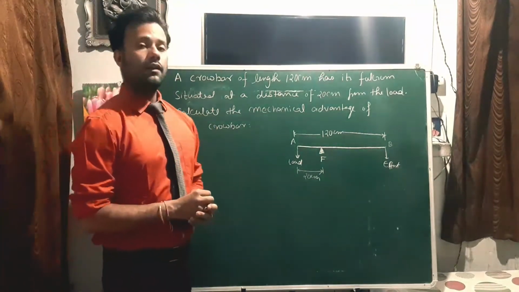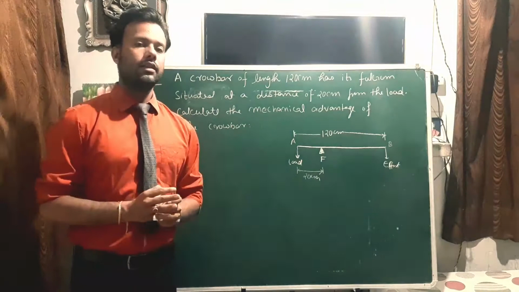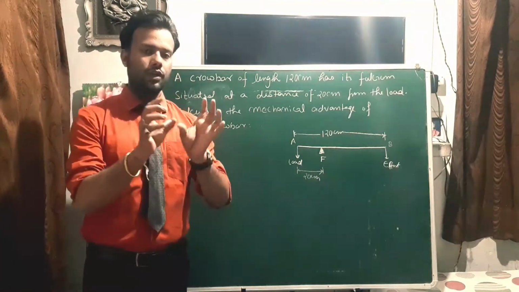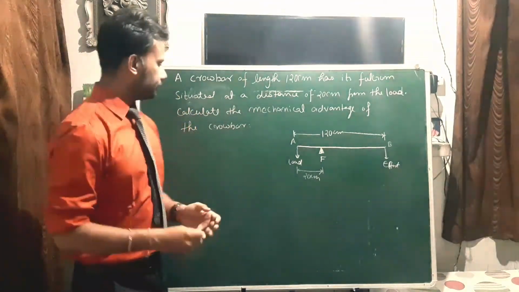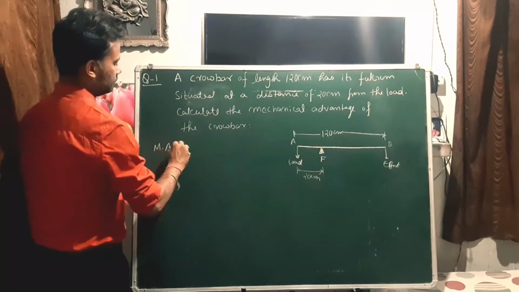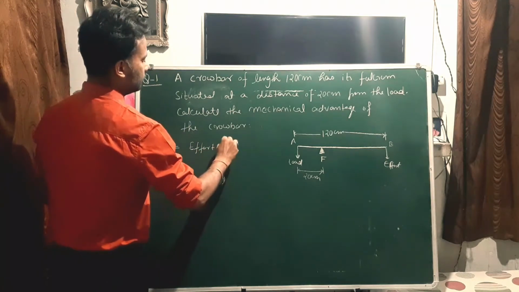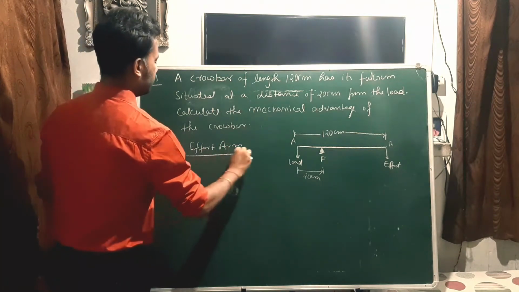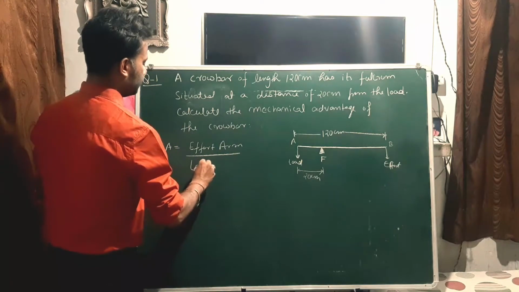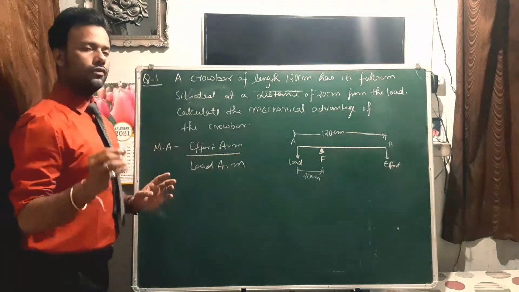In this question, we have to calculate the mechanical advantage. Now, you know that the mechanical advantage of the lever is given by effort arm divided by load arm. What was the effort arm?